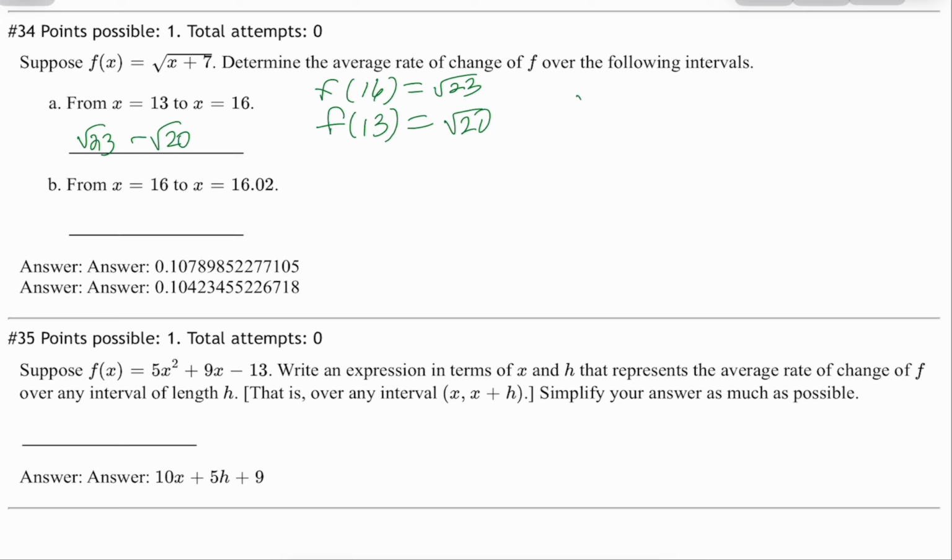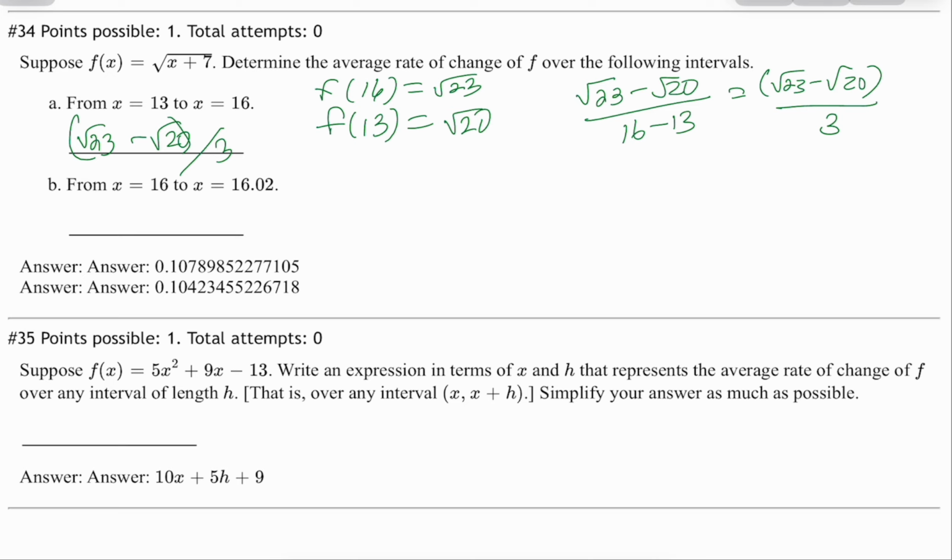So it is the change in your f values divided by the change in your x values. I'm so sorry. So you should put this over 16 minus 13, which is 3. So I would just put this in parentheses over 3. That should have been the decimal 0.107898, blah, blah, blah.